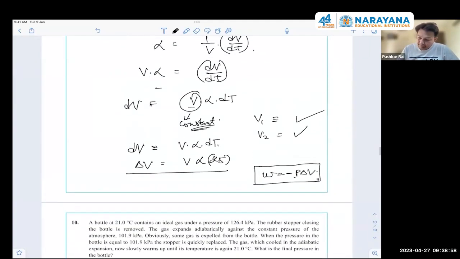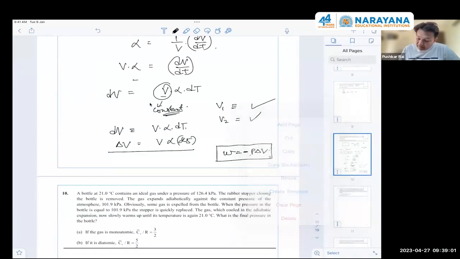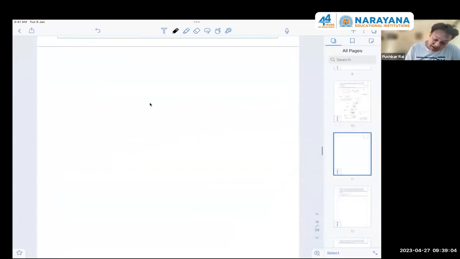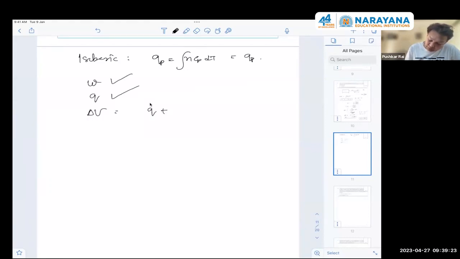One more fundamental: since the process is isobaric, Qp is equal to the integral of n Cp dT, that is equal to Q. So we know Q, we know W, so we will get delta U. Delta U is equal to Q plus W. So delta U is equal to the integral of n Cp dT minus the integral of P dV.